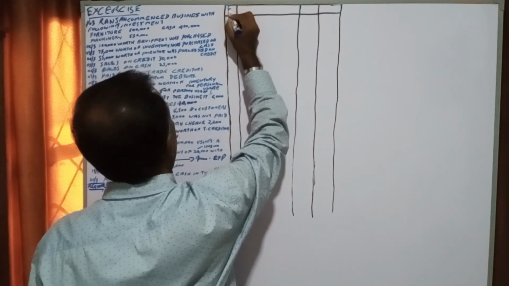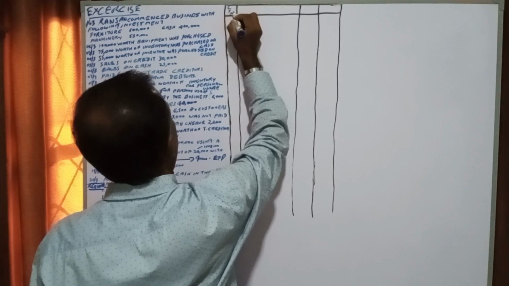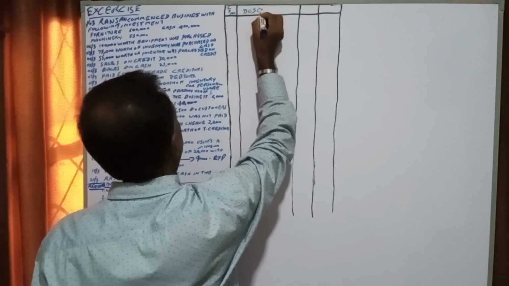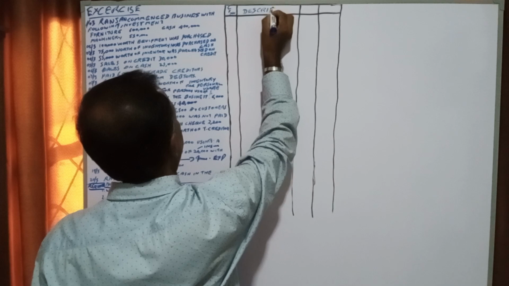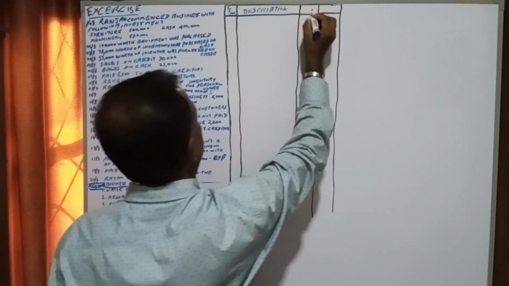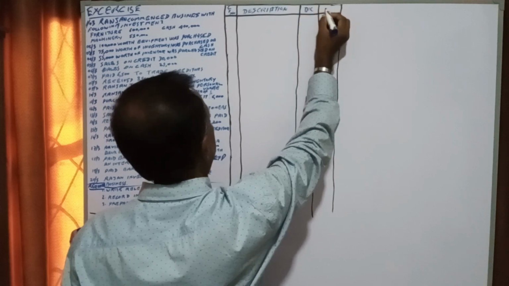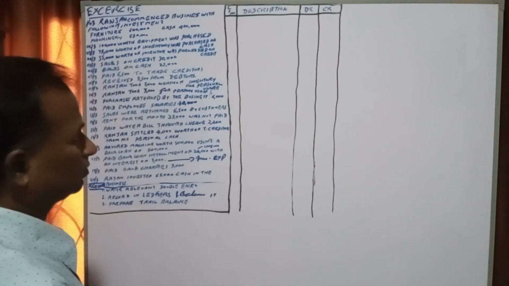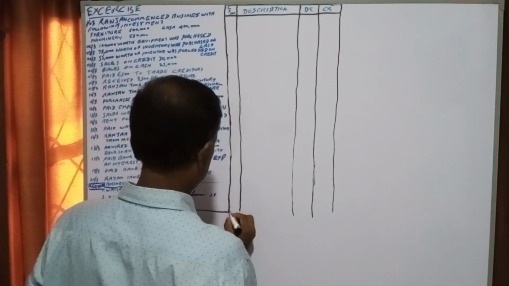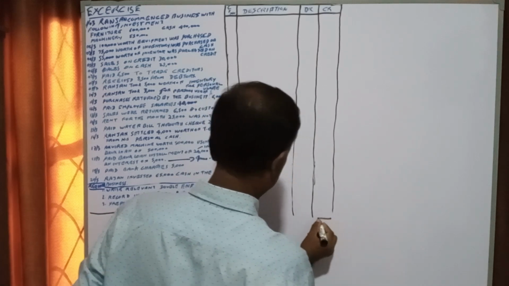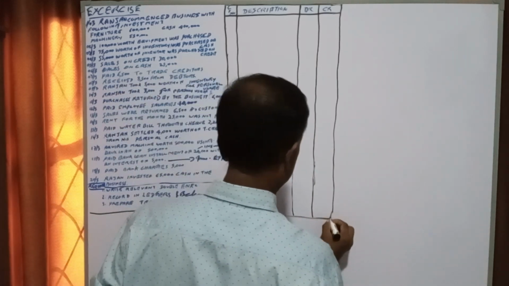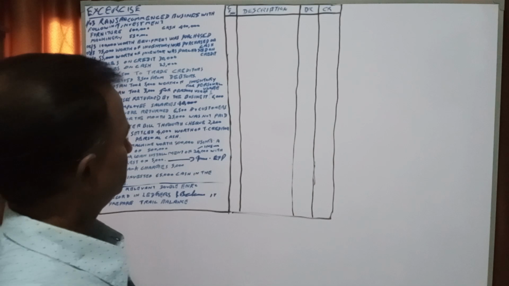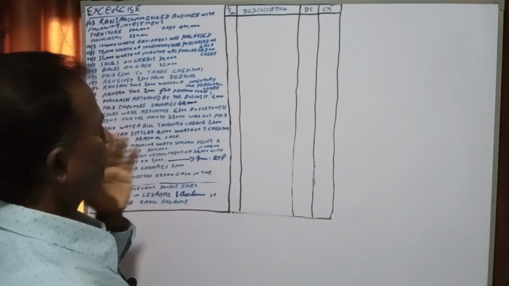Here, description. This one is debit, this one is the credit. Here the trial balance is there. We have been provided the trial balance.